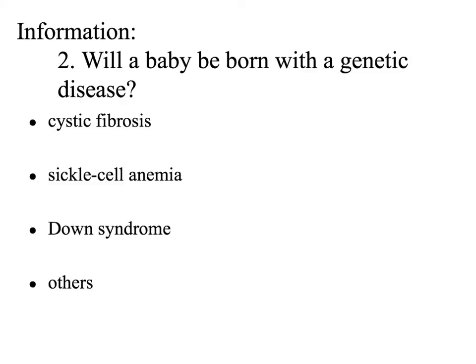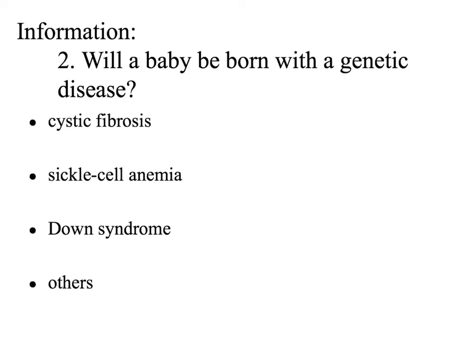Another question that can be addressed is, will a baby be born with a genetic disease? So we can directly screen embryos for diseases such as cystic fibrosis, sickle cell anemia, Down syndrome, and many others. This process is usually an optional situation. When a woman is pregnant in the first trimester, a doctor will offer to do genetic screening.